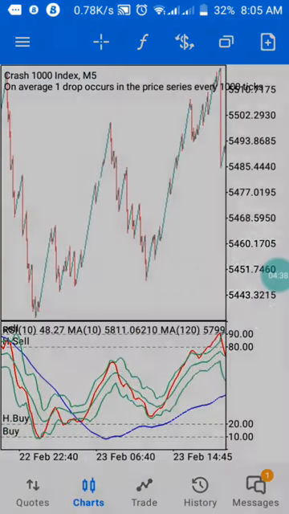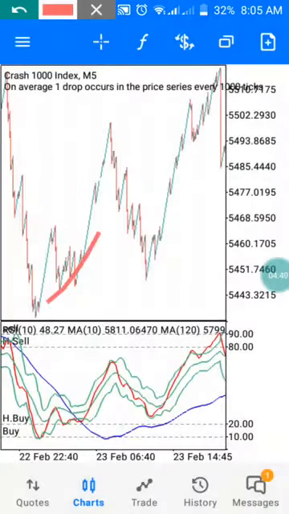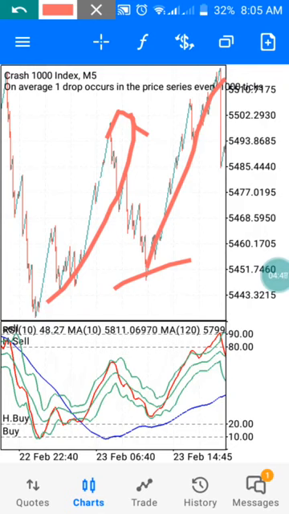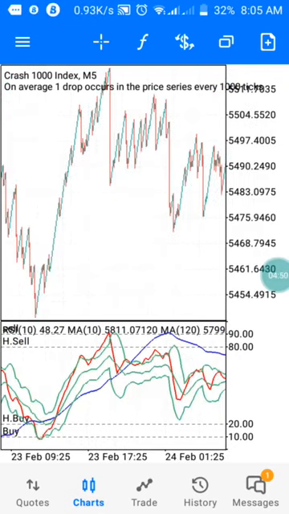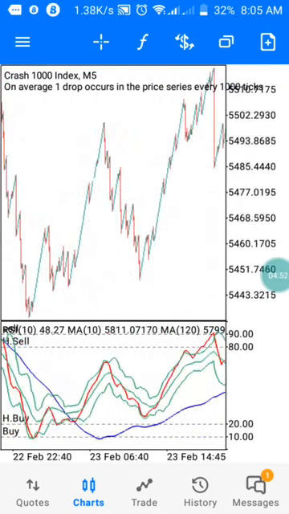If you take that to this level, you know how much you will make. And it also spikes down a little bit and you take another trade. So you can use this strategy on crash and boom.